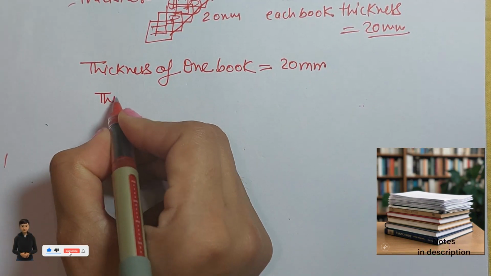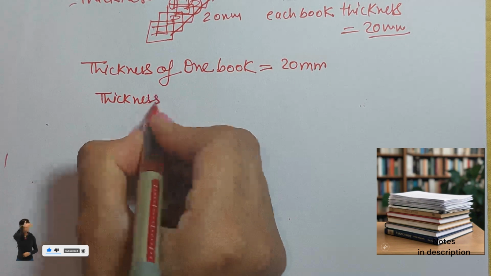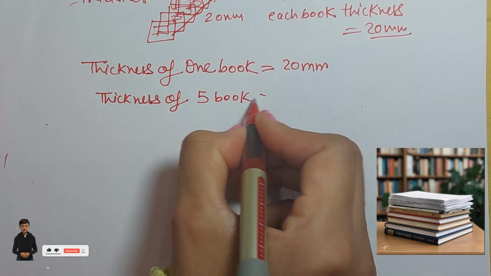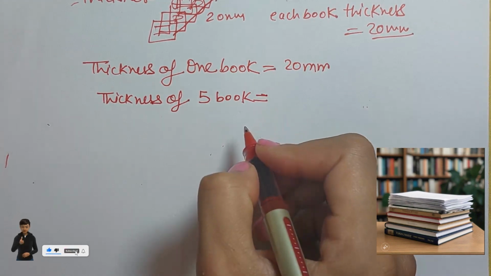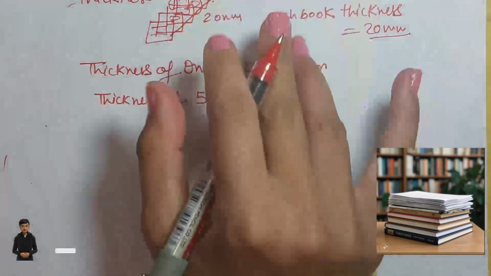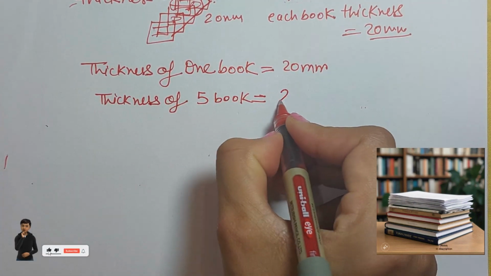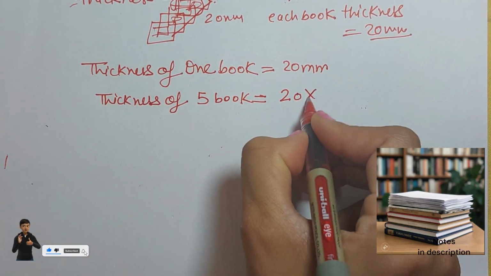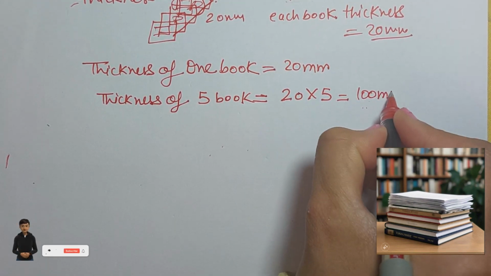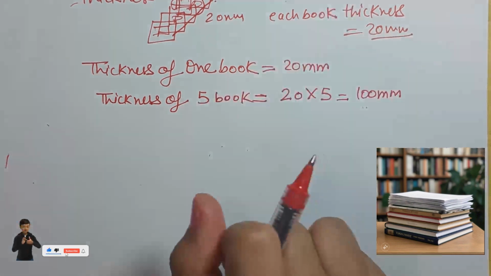Then write the thickness of 5 books. If you know the thickness of one book, then how will we find it for 5 books? We will multiply by 5. 20 mm into 5. 5 2s are 10. That means 100 mm. This is the thickness of 5 books.